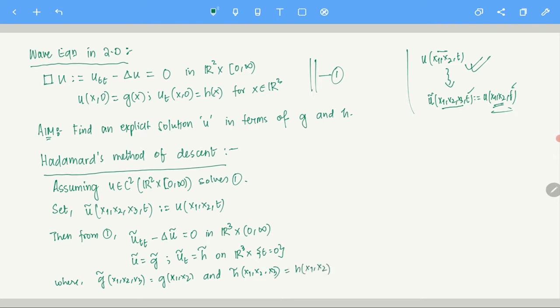See, here in our initial case, we were given what g and h are, right? So here of course this x is x1, x2. You do realize that x is in R2, right? So here x is like x1 and x2. Clear?